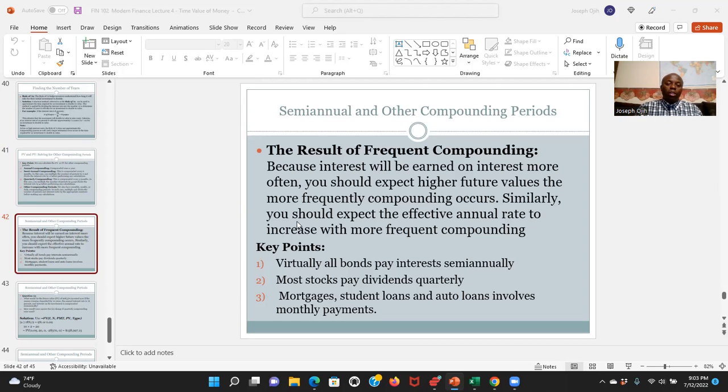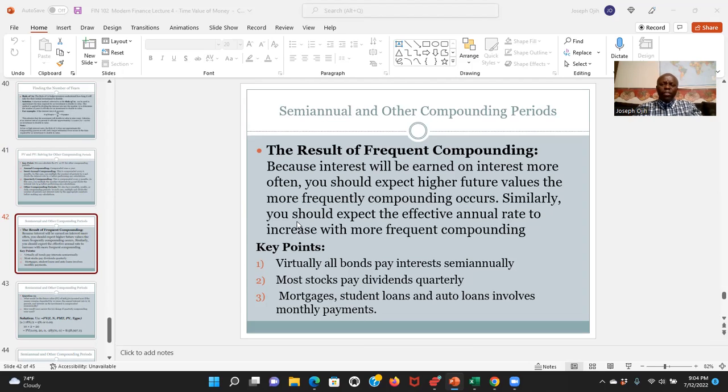In other words, higher future values are the outcome of more frequent compounding. So the higher the number of compounding periods, the higher the future value. Similarly, you should expect the effective annual rate to increase as well with more frequent compounding.